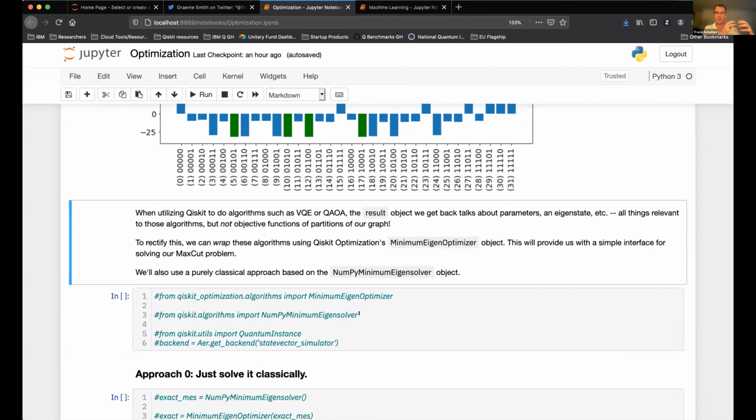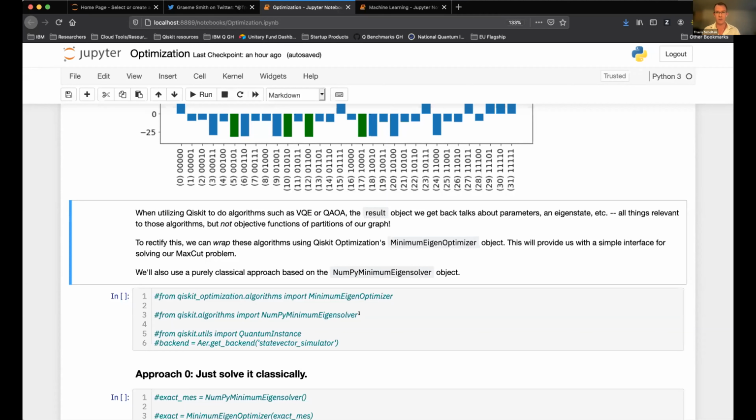Therefore, the implementations of these algorithms are really problem agnostic, which you would want them to be. But this means there might be a disconnect between the kinds of things returned by these algorithms and the kinds of things you need in order to say, okay, this is the assignment of the vertices in my max cut problem.